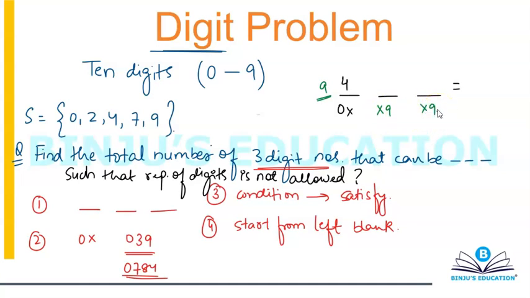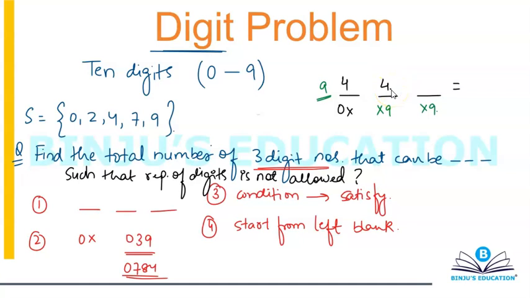So one of the numbers out of 2, 4, 7, and 9 which will be used in the leftmost blank cannot be used further. Secondly, 0 which was not available for the first blank is now available. That is, you can use 0 for the middle blank, which means you are again left with how many options? 4 options.